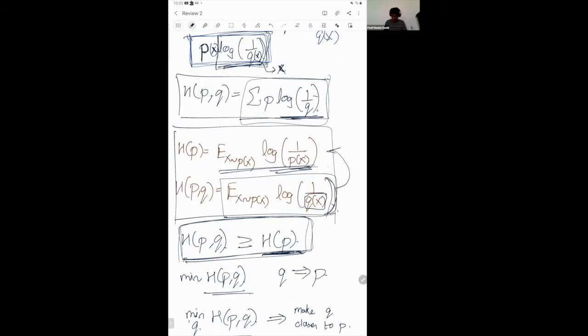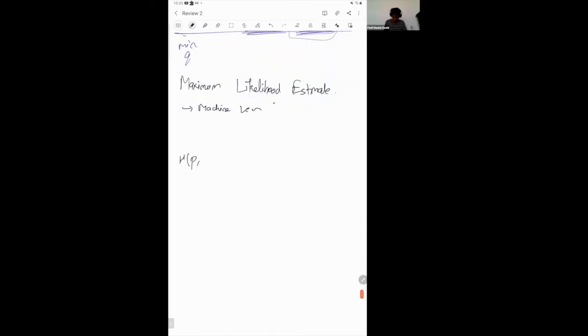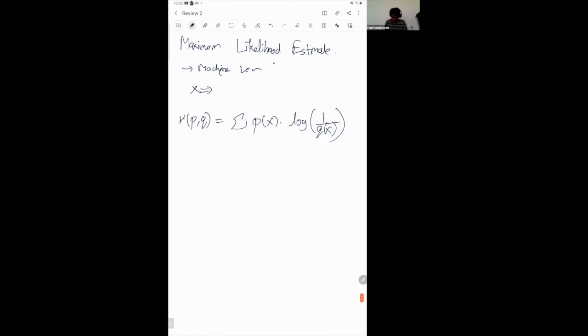See here, if H of P, Q, I'm defining it to be summation of P of x log of 1 over Q of x. And now let's say I'm having just a binomial distribution, that is, x can take only two values.